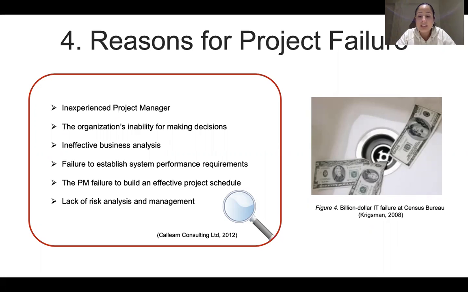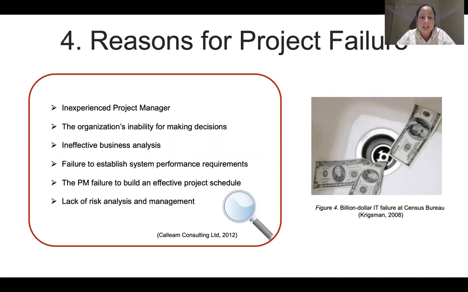So applying project management, they could identify the reasons for project failure. For this case study, they found that the project manager was inexperienced, that the organization's inability to make decisions was really bad because they didn't have a special process and also roles to make decisions.